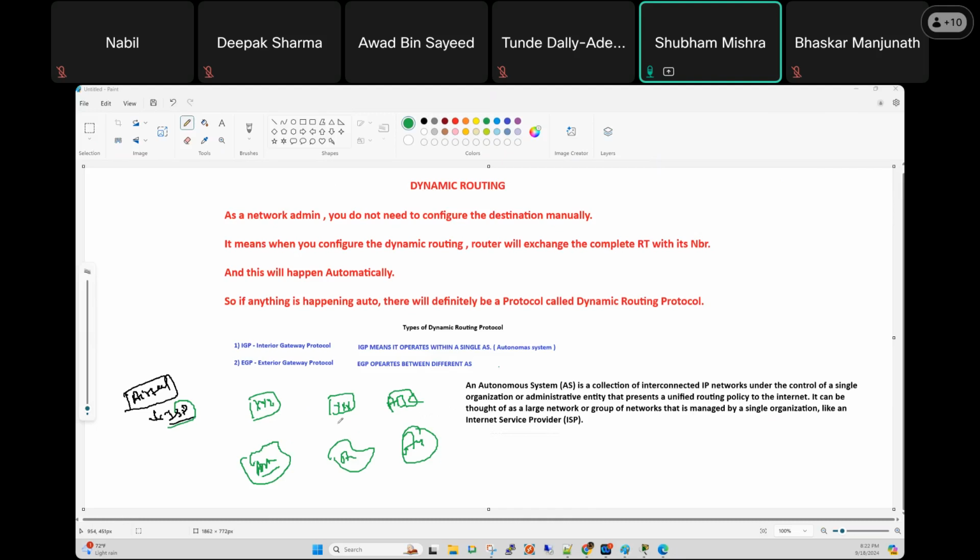Now tell me one thing. If all the companies are using Airtel as the ISP, what is the use of the ISP here? This Airtel makes the communication possible between its LAN network and the internet. So as a network administrator, it is your responsibility to manage these networks.